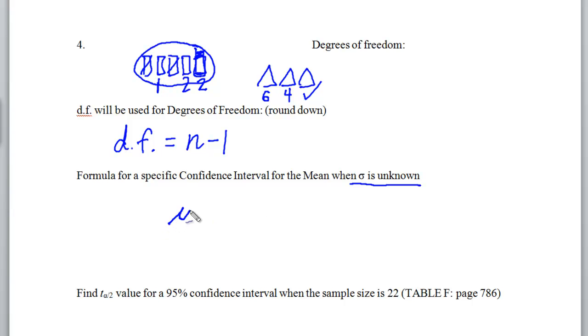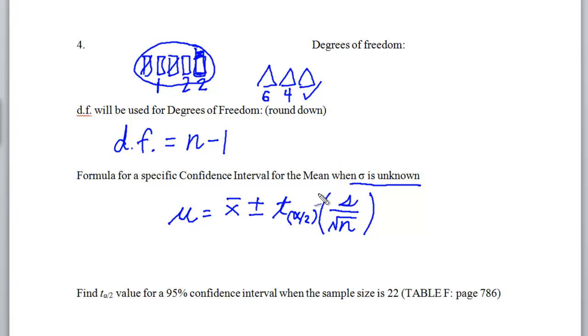So to find the entire population's confidence interval, you're going to take the average of your sample and add or subtract from that average the t-tail, which is t sub alpha divided by 2. So it's the tail of that graph. We're going to add and subtract the tails, multiplied by your standard deviation of your small sample divided by the square root of your sample size.